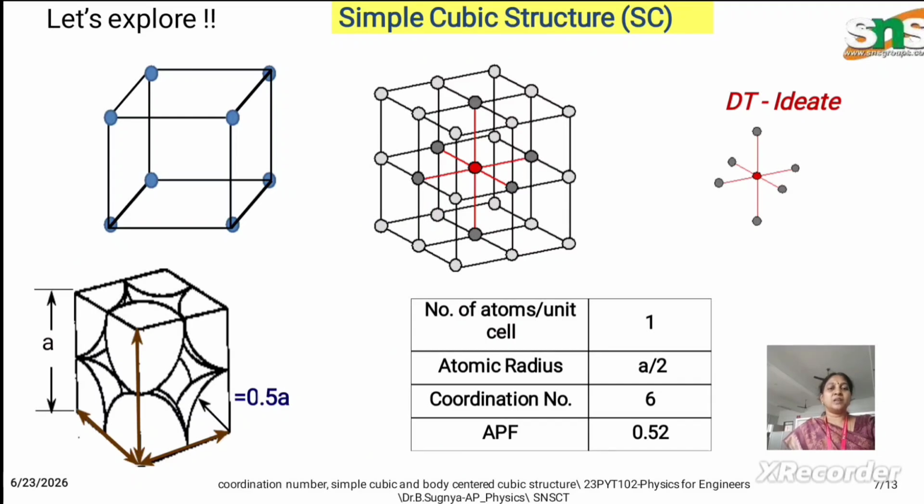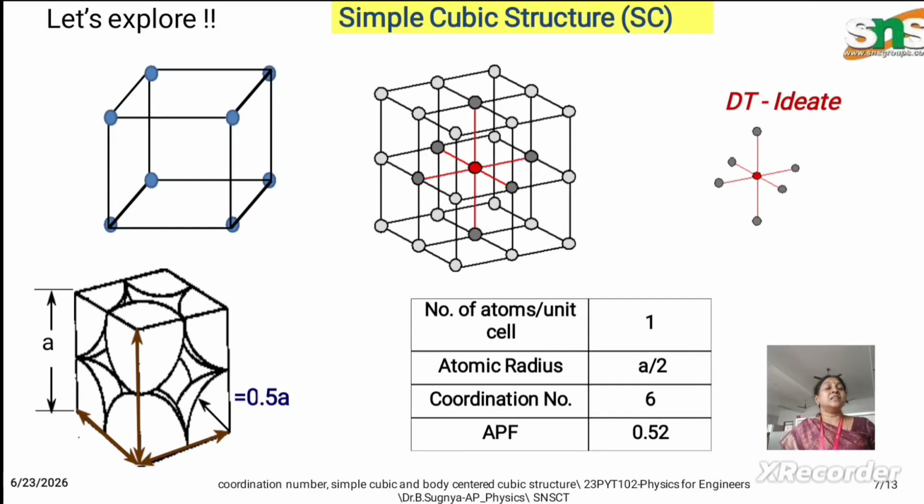So now we will explore. The first structure is the normal cubic structure, called the simple cubic structure. The second point is how unit cells combine to form the entire structure of the crystal. Here a is called the lattice constant. The number of atoms present in the unit cell is 1, because all the corners are shared.